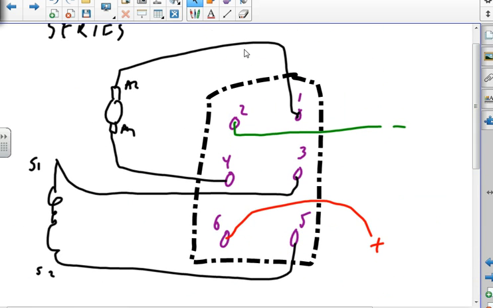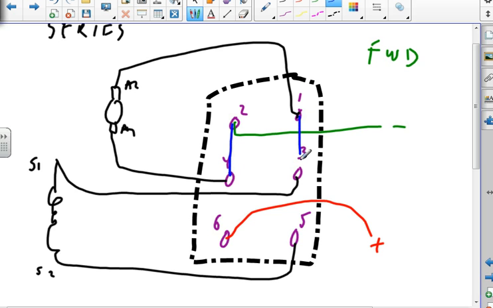All right, so now I'm looking at going forward. F, W, D. So I'm going to go forward. What color should I use? Blue. Okay, so my forward switch says these guys should be hooked together, those guys should be hooked together, and those guys should be hooked together.